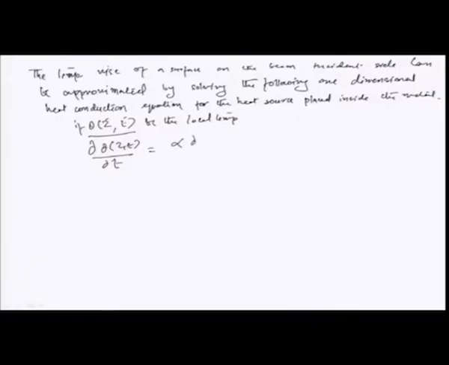the partial derivative of theta(z,t) with respect to t becomes equal to alpha times the second space derivative of temperature with respect to the depth z squared, plus 1 by specific heat capacity times density of the material times the heat flux H(z,t).